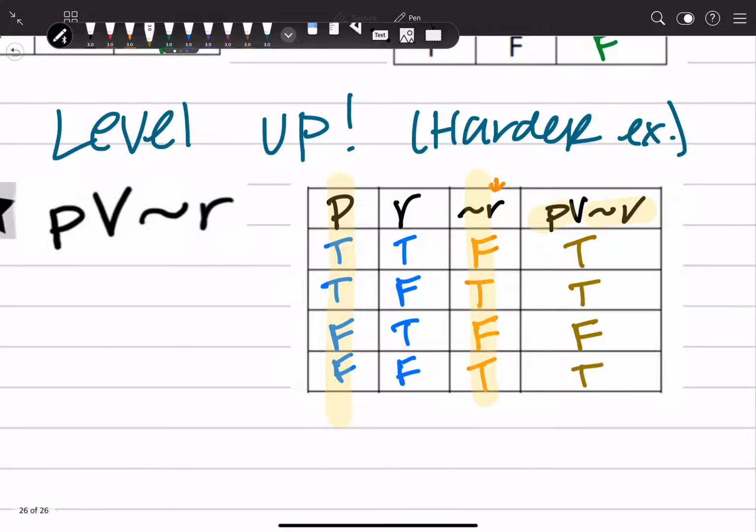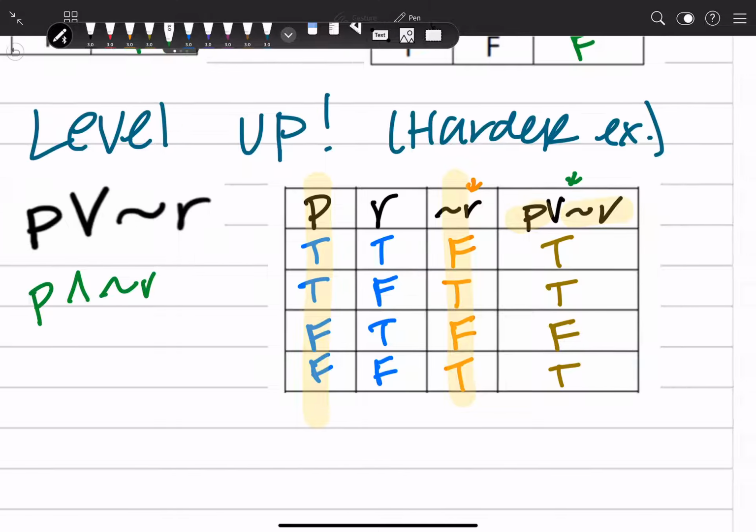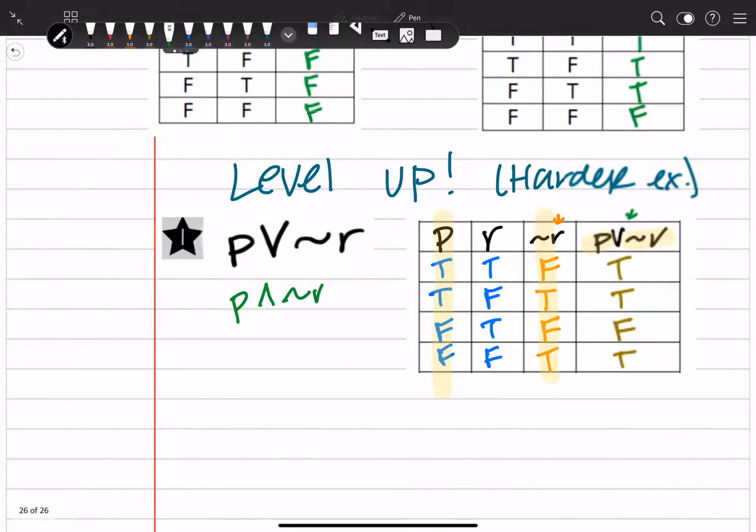All right, and a really quick tidbit, if our example was instead P and not R, then for this column right here, we would instead say P and not R, and both of them would have to be true at that point. So look, true, false, not true. True, true, that works.